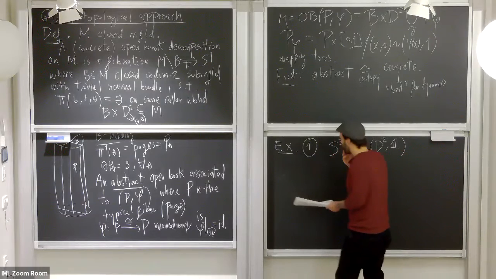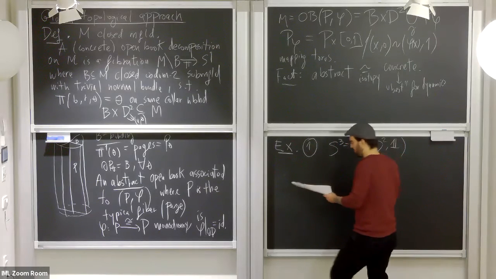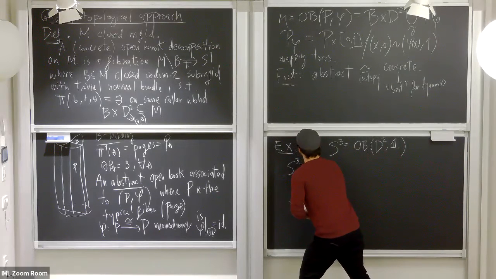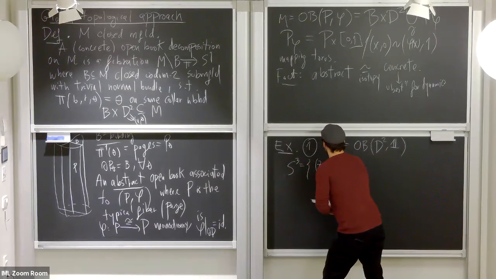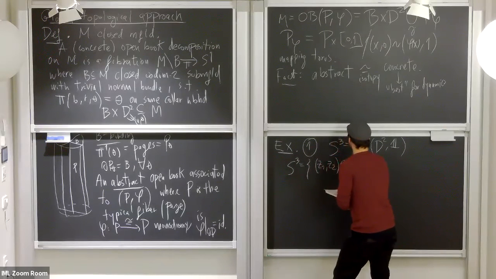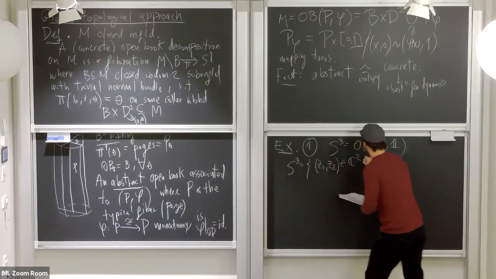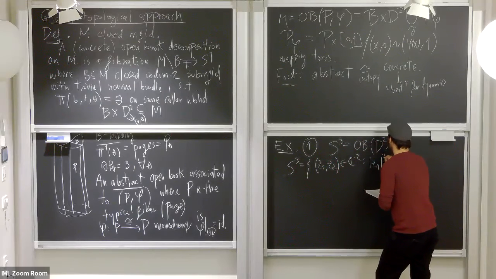A concrete way of viewing this is, I think of S3 as the pairs (z1, z2) in C2 with norm 1.